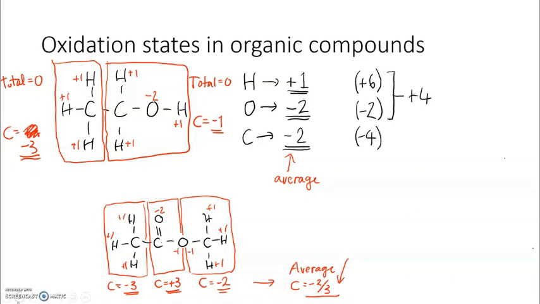so let's move along. Now, that is one way of dealing with oxidation and reduction within organic molecules. And of course, it is very, very useful to be able to do that because it will allow you to write out the actual redox half equations for any reactions that you're going about.